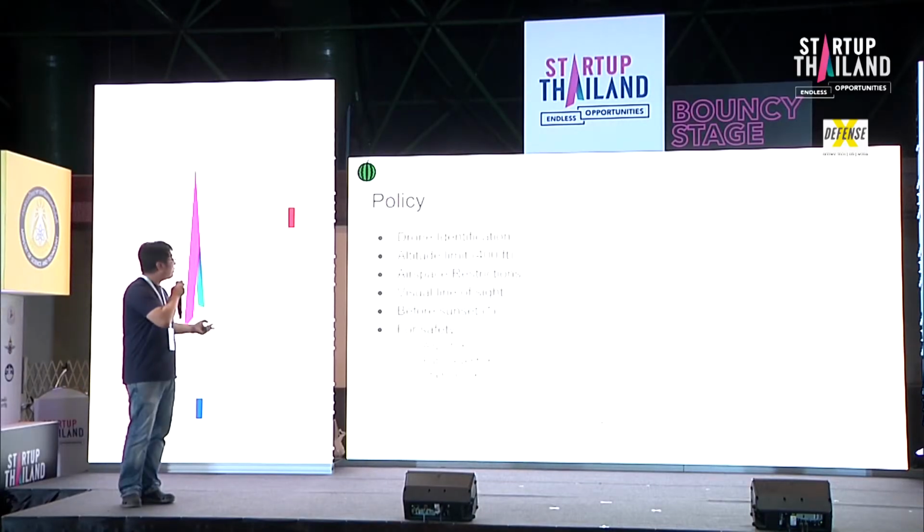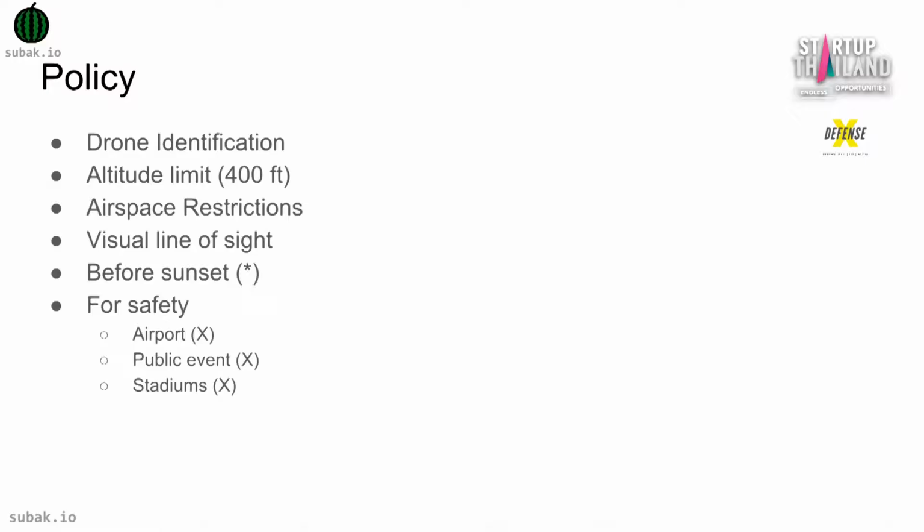There are a few examples of policy. The first is drone identification: when you fly a drone, you have to register it with the government. In a few countries you must register even if the drone is small.